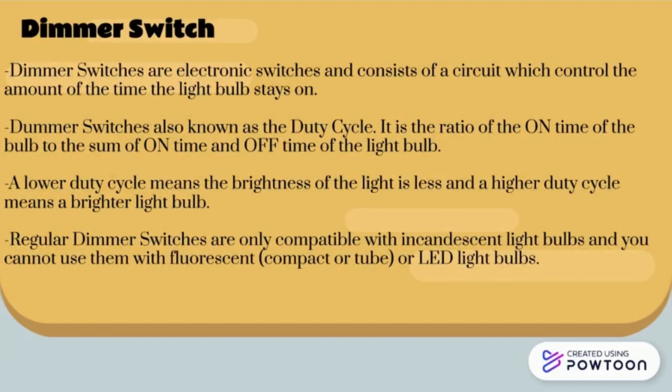A lower duty cycle means the brightness of the light is less, and a higher duty cycle means a brighter light bulb. Regular dimmer switches are only compatible with incandescent light bulbs and you cannot use them with fluorescent, compact, tube or LED light bulbs.